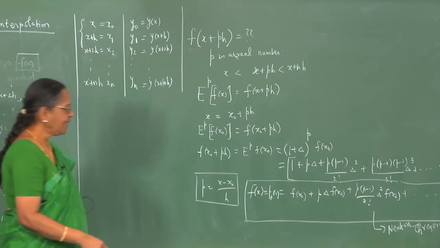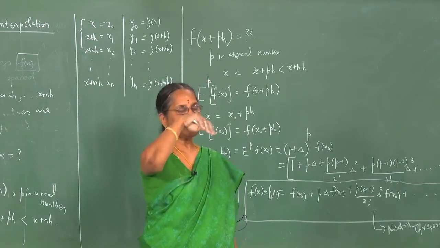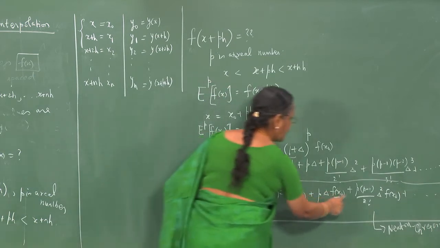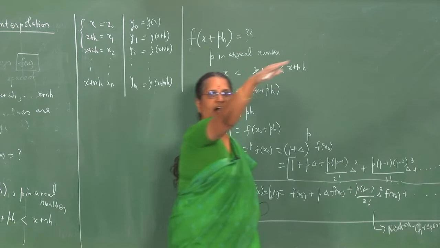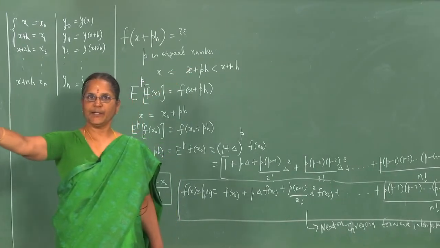The reason being, you just go to the forward difference table that we have constructed. It makes use of the leading order differences which lie on that leading diagonal.